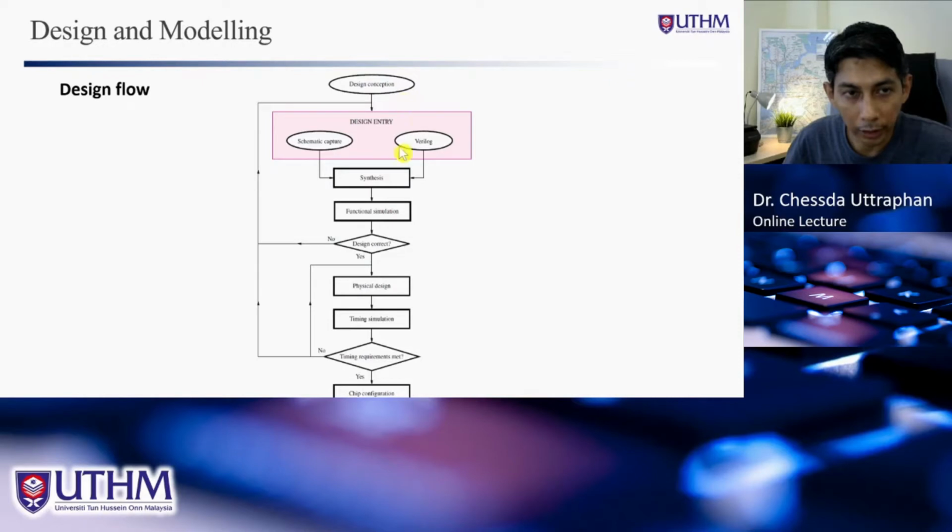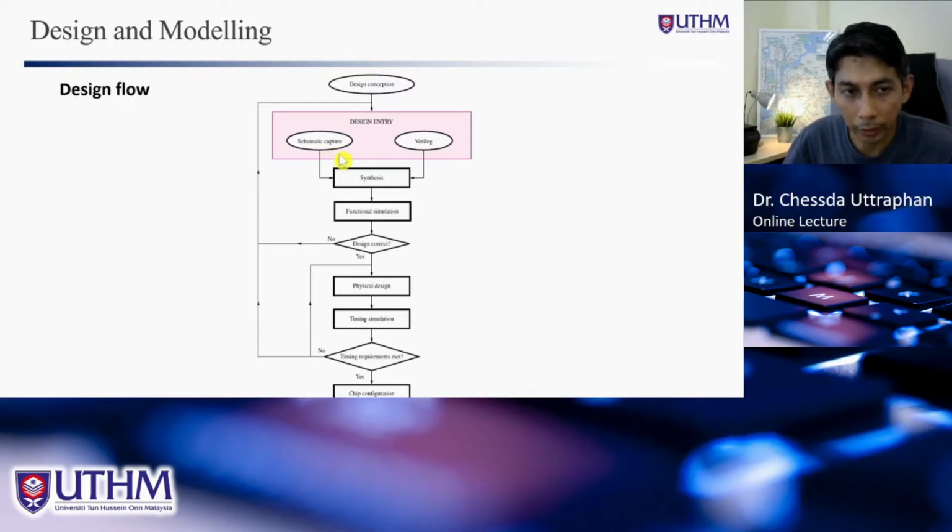So from the design specification, we will select the design entry, and normally we have two types of design entry. The first one is schematic capture, where we draw the gate and so on, the module and so on.